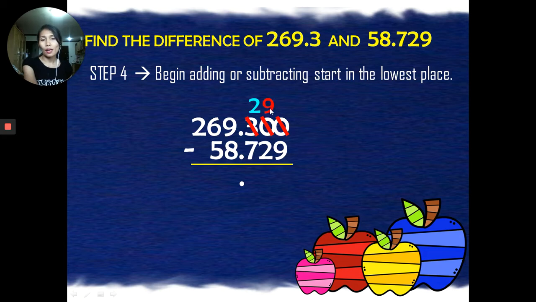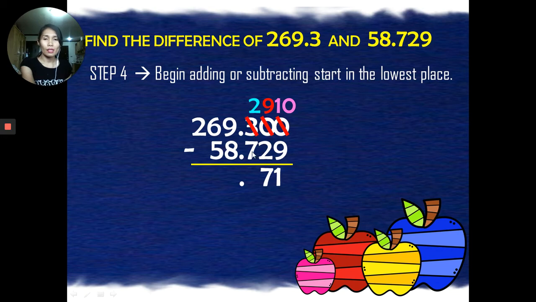Yeah, 9, and then the number in the thousandths place will be the 10. Now we can minus. 10 minus 9 equals 1. 9 minus 2 equals 7.